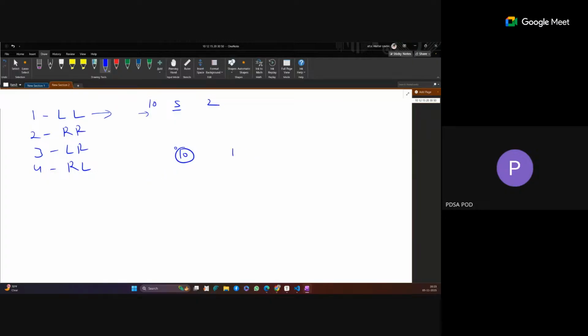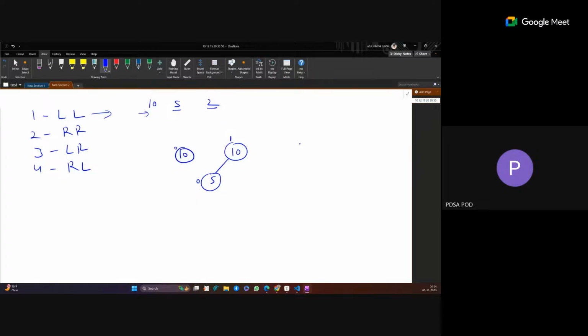So now 5 is inserted. From the newly inserted position to the root node, we will check the balance factor again every time. The balance factor for 5 is 0, and for 10 it is 1 minus 0, which is 1. So still this is balanced.